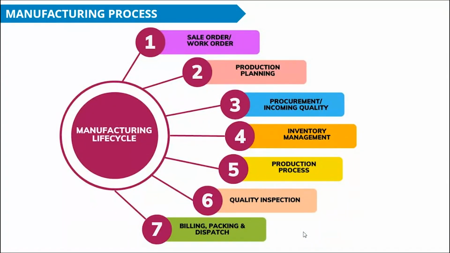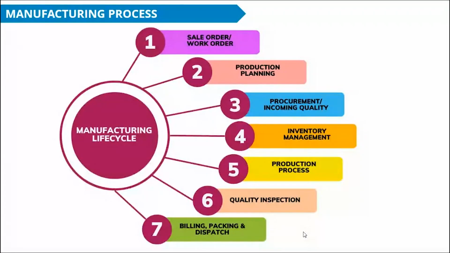Then it goes to the warehouse, which is inventory management. And then from warehouse, it goes to the production. Production process happens there. Finally, the quality inspection for the finished goods also happens. Then we are all set for dispatching it to the customer and billing. So this is the broad overview or life cycle of manufacturing.